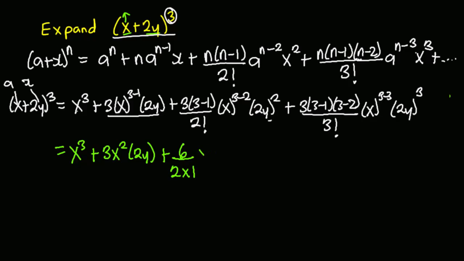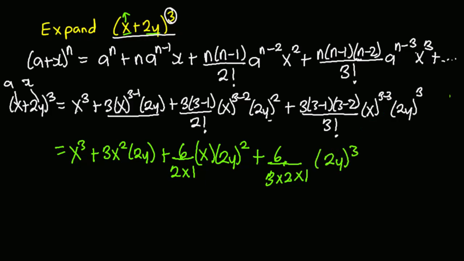So this will give us x exponent 1. Then we have 2y all squared plus we have 3 times 2 times 1. That will give us 6. So 6 divided by 3 factorial is 3 times 2 times 1. Then we have x exponent 0 is 1. So we're left with 2y exponent 3.